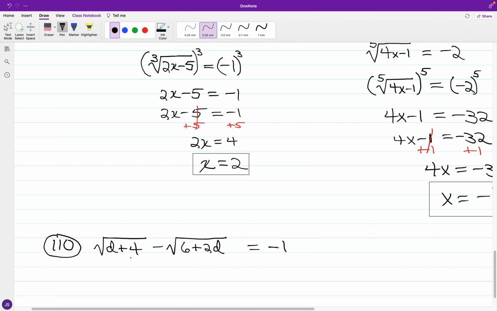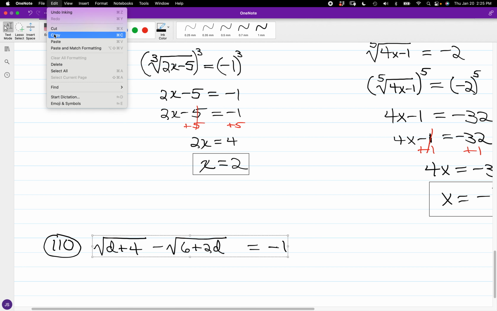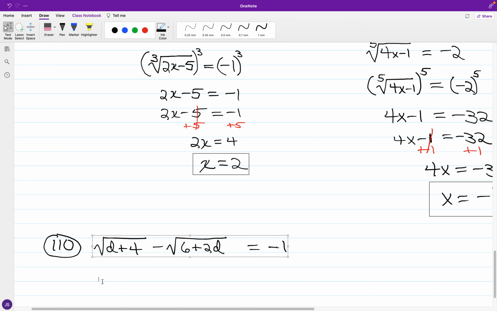So we have the square root of d plus 4 minus the square root of 6 plus 2d is equal to negative 1. Right.